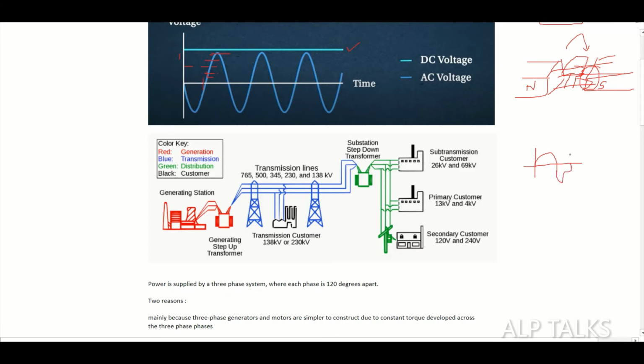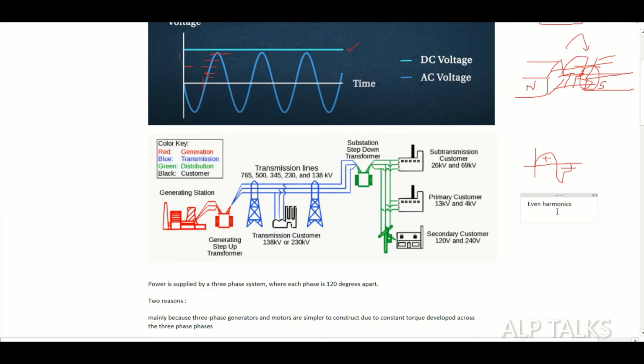Whenever the positive cycle and negative cycle are not replicas, when both are not equal, we say there are even harmonics. Do you think there will be any problems or mismatch in the generator? Very rarely will we have even harmonics in the system.